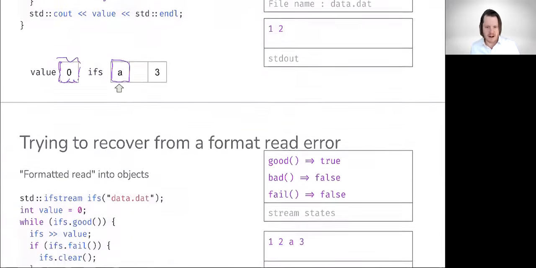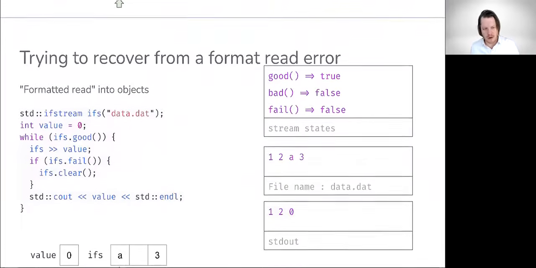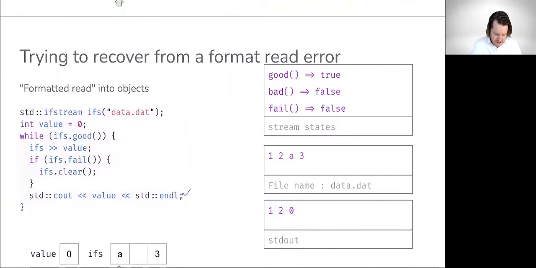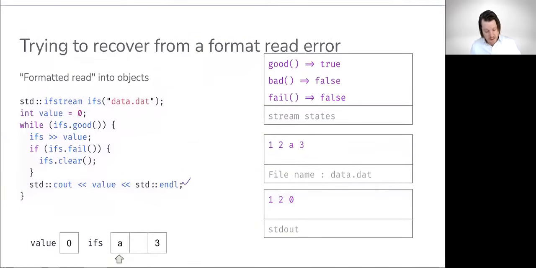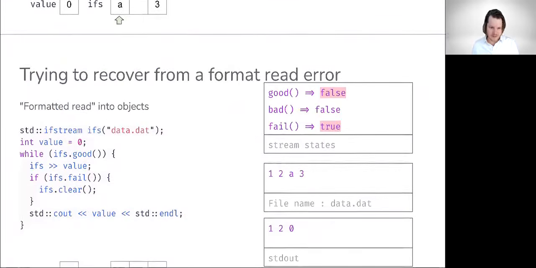So we hit the cout statement, 0 is outputted because this line gets executed every time. The current state of the stream is good, so we're back in the while loop and we're attempting a read. And guess what? That arm's still latched onto A, and we attempt that read again, and it's going to fail.